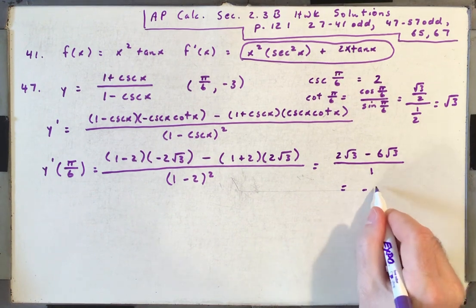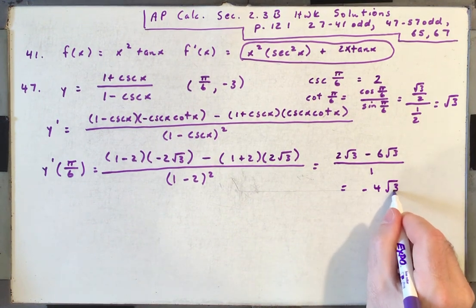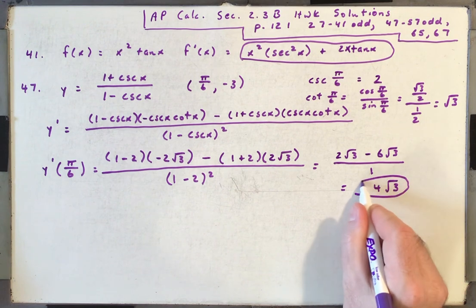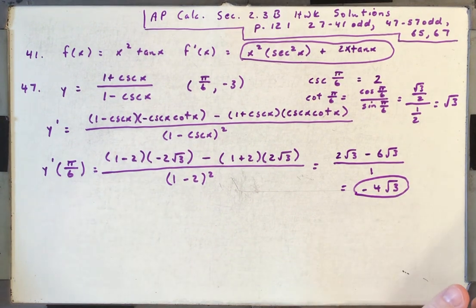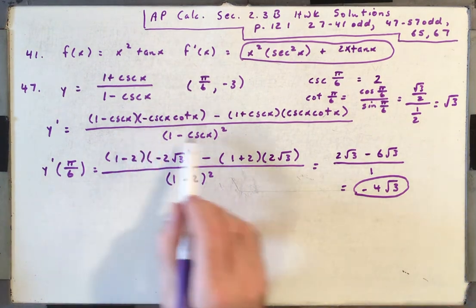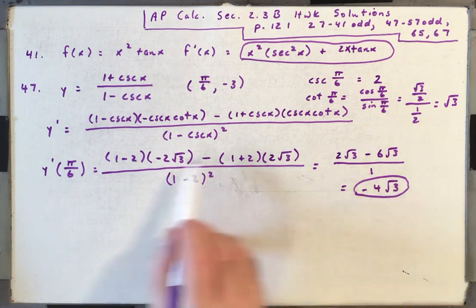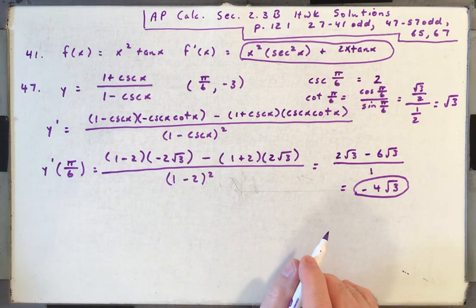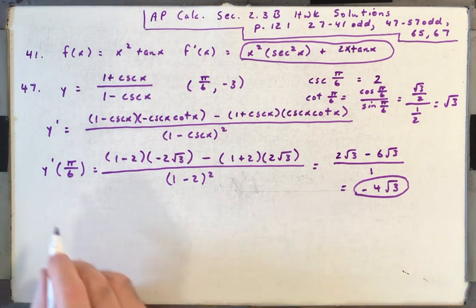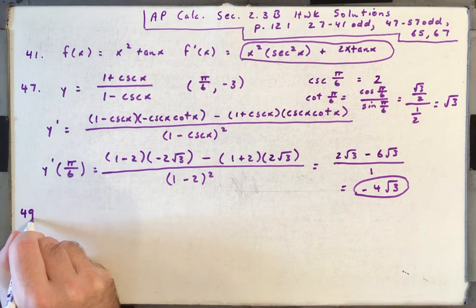So that's going to be negative 4 times the square root of 3. All right, beautiful, but yeah, a little bit of a pain in the butt. If you got the derivative right, then you should feel good about that. If you messed up on the plugging in, hey, you just got to be careful on that. But you can do it.